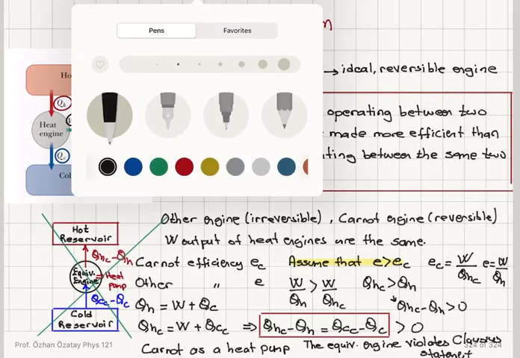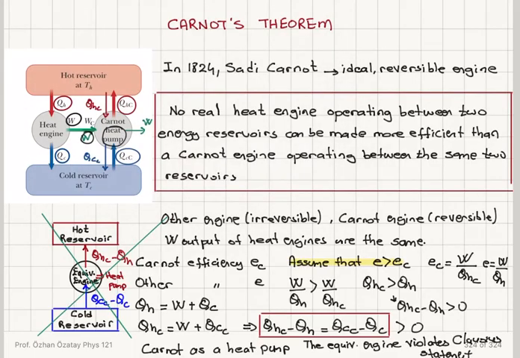According to the second law of thermodynamics, the Clausius statement, you cannot build a heat pump that absorbs heat from a cold reservoir and releases the same amount of heat to a hot reservoir without energy input in the form of work. Therefore, my assumption was incorrect.